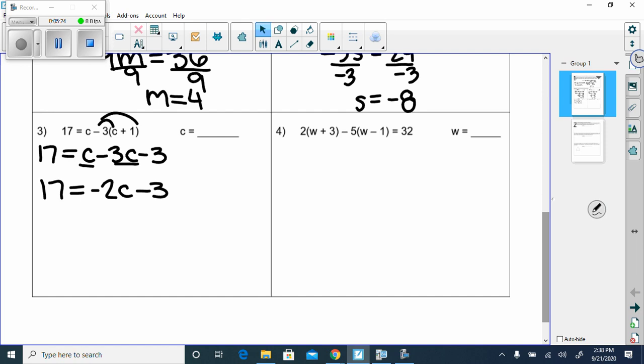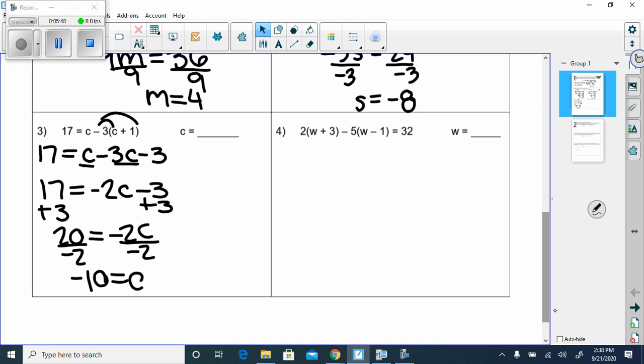Okay. Now what? You add 3 on both sides. 17 and 3 give me 20. 20 equals negative 2c. When I divide, c equals negative 10.